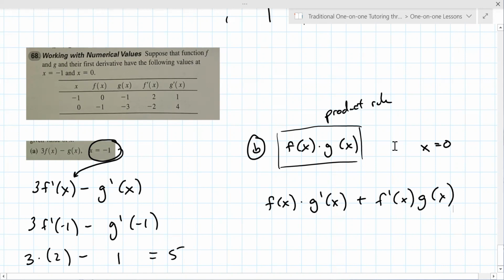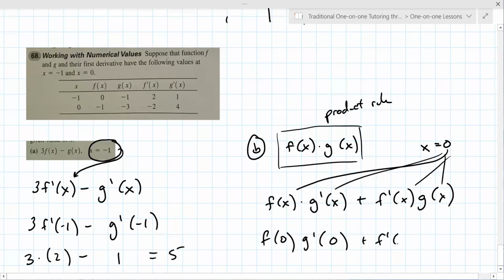So do you use the 0 or do you use the -1 for f of x? Well, that's where this next step is. You take this 0 value and you put it in everywhere. So it's f of 0, g prime of 0 plus f prime of 0. Oh, I see. It tells you which one to use. Yeah, it has to. It's not a give-choice thing.